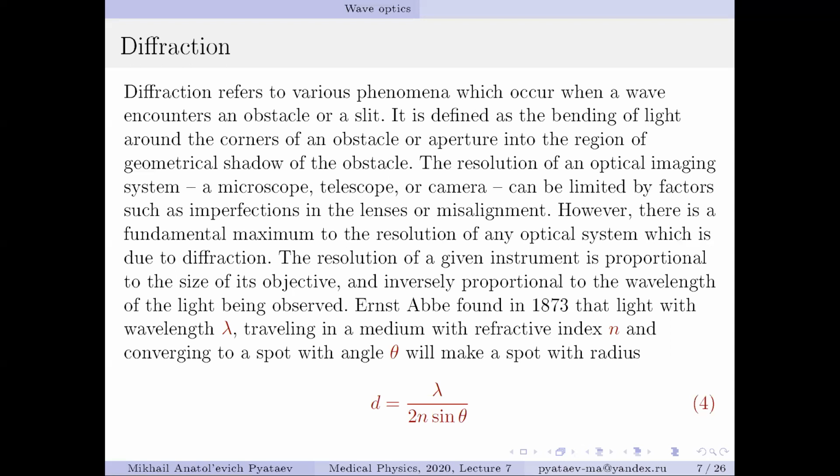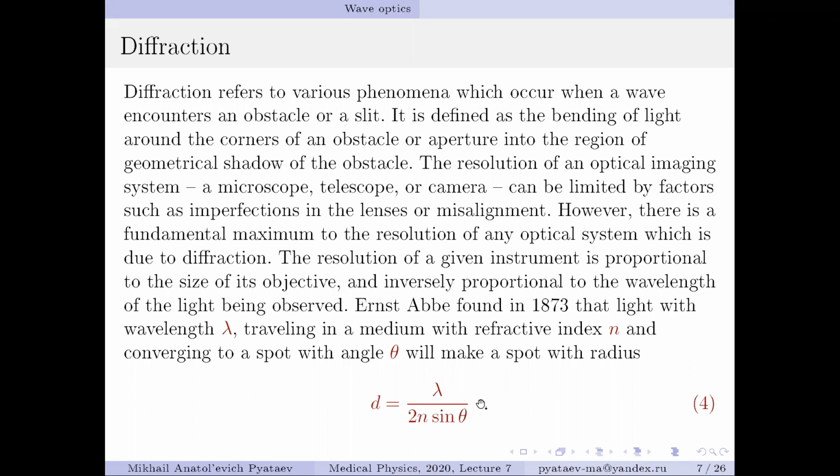So a droplet of oil is put on the glass, the covering glass of the object, and when the microscope is used, there is no air between the object and the objective lens. There is a droplet of special oil with some well-defined refractive index, and it allows us to increase the resolution.